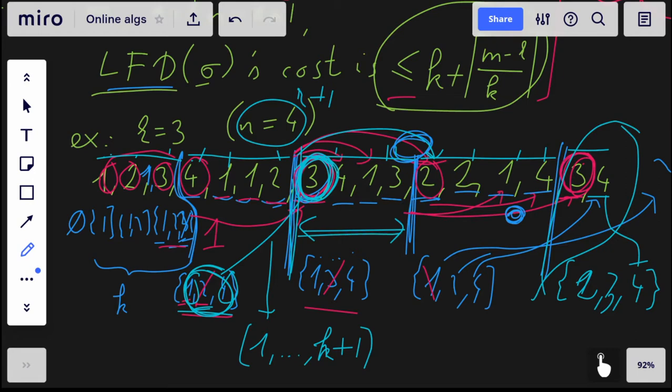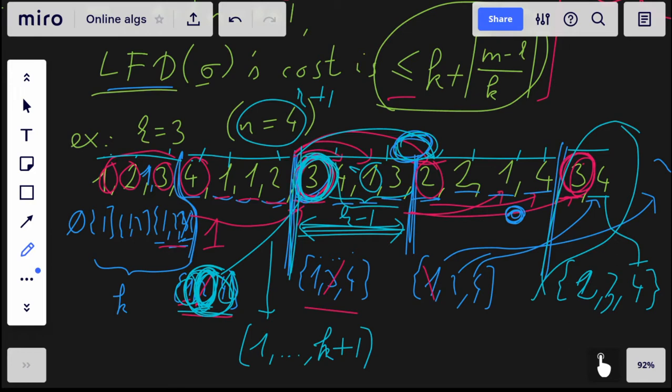Within this phase the last one won't appear, so in this case 2 won't appear in this segment. But all the others will, because they precede this element. That's why we choose this one to be discarded. So all the other k minus 1 elements occur here; in this case 1 and 4 occur here.